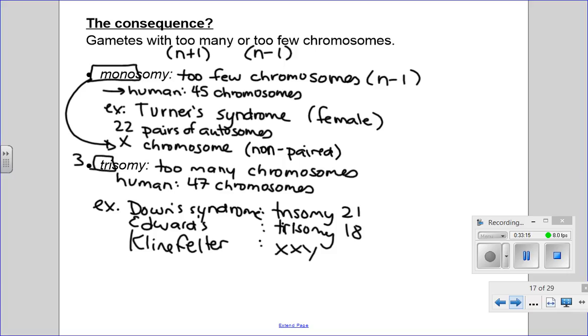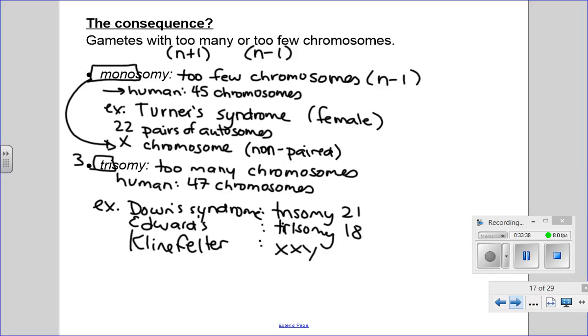So some of you had Klinefelters, you had 2 X's and a Y. Some of you had Edwards. So if you said your trisomy was 17 or 18, sometimes people mixed up which one was longer and which one was shorter. Or if your trisomy was near the end where you had 3 of one of the really tiny chromosomes, all of those are possible outcomes of nondisjunction.